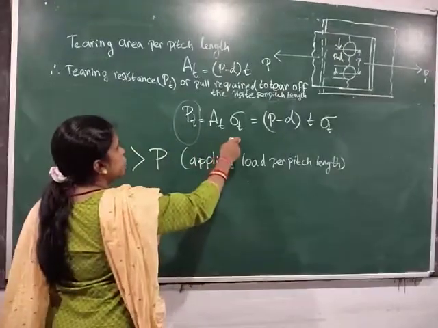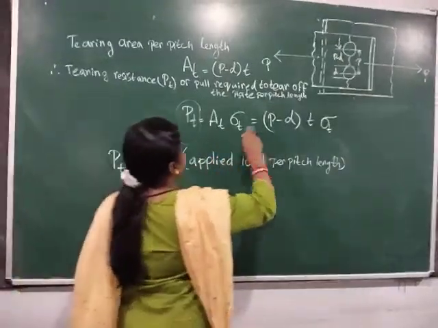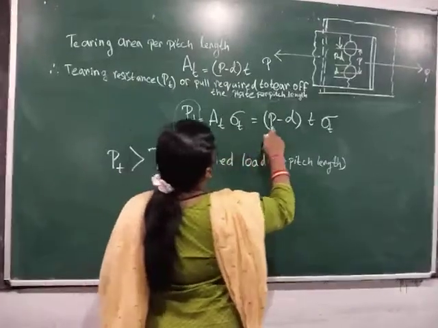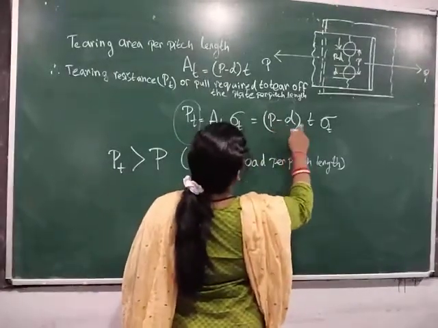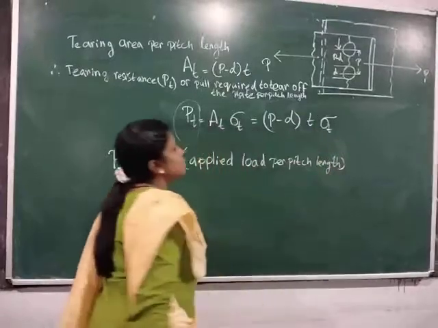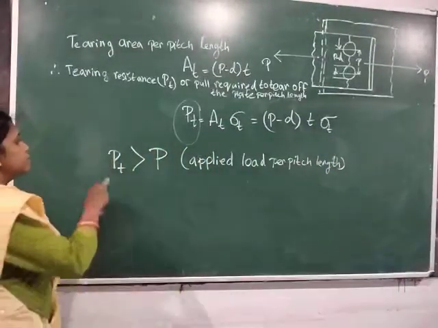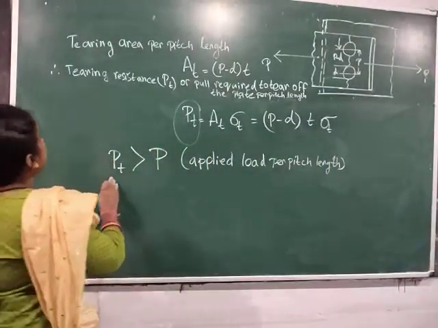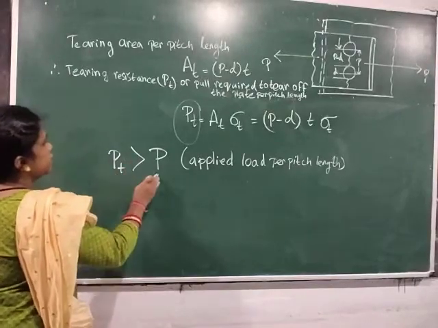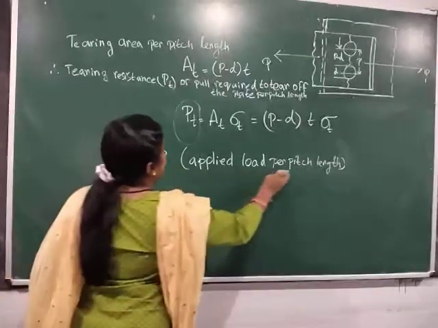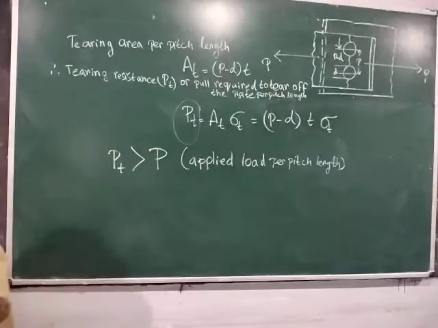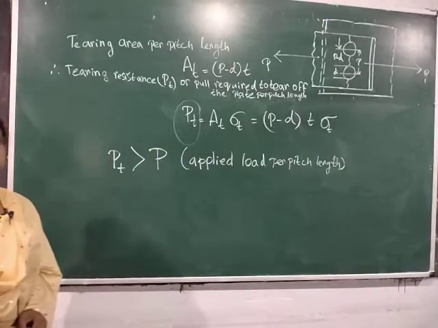So AT into sigma T, and AT is P minus D into T, so PT equals P minus D into T into sigma T. Next, when your tearing resistance is greater than the load applied per pitch length, this type of tearing occurs.